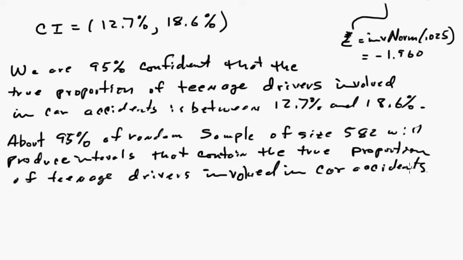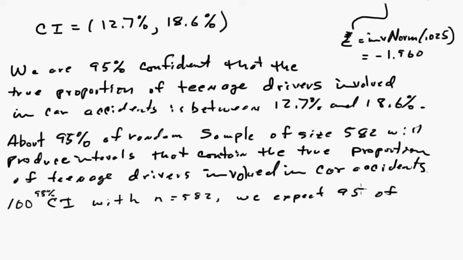Okay, so that takes a while to comprehend. Another way to say it is, if we did 100 confidence intervals, 95% confidence intervals with n equal to 582, we'd expect about 95 of them to capture the true proportion.